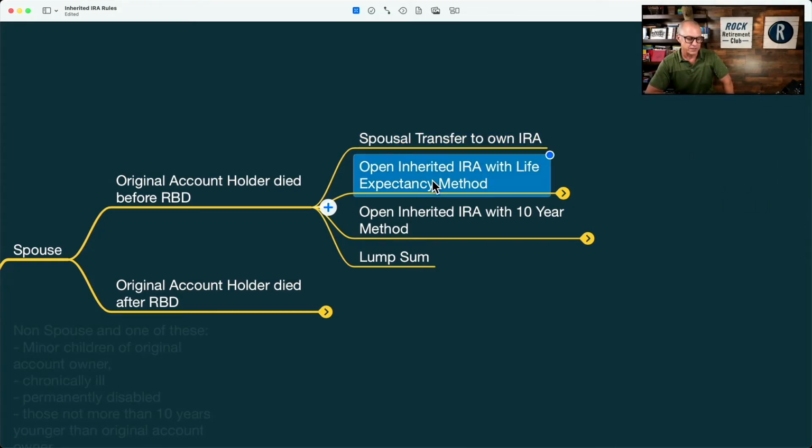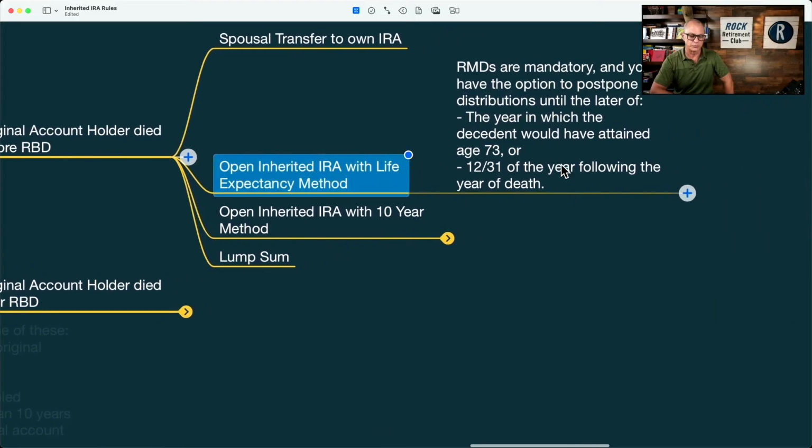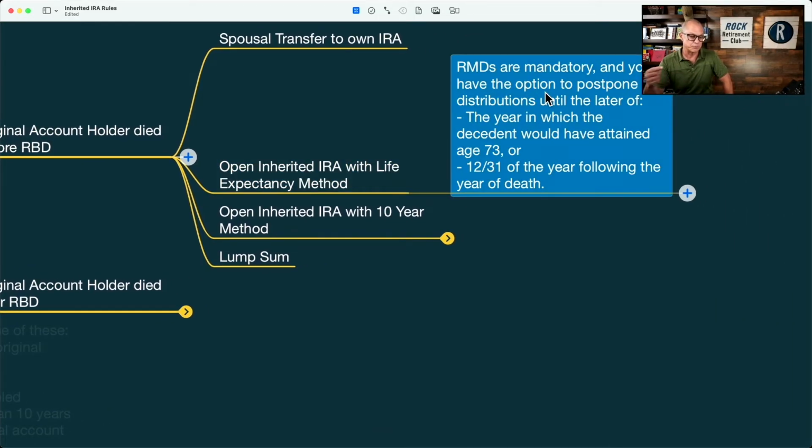Number one is they could open an inherited IRA with the life expectancy method. So what does that mean? Well, that's a little bit like the older rules. Required minimum distributions would be mandatory in the year in which the decedent would have attained age 73.